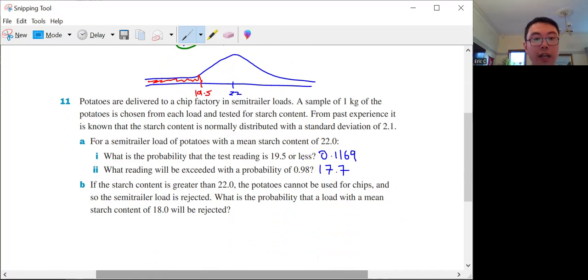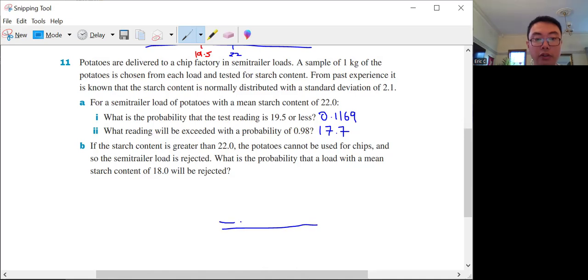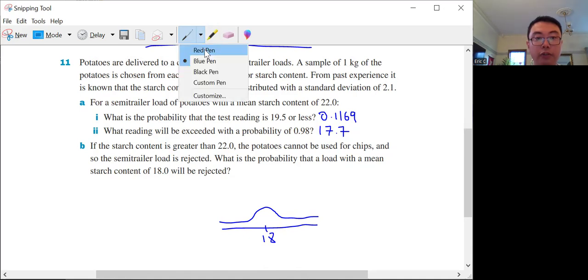Okay, if the starch content is greater than 22, the potatoes cannot be used for chips, and so the semi-trailer load is rejected. What's the probability that a load with a mean starch content of 18 will be rejected? Now our mean for the normal distribution is 18, and we're looking for the starch content of 22, which cannot be used for chips.